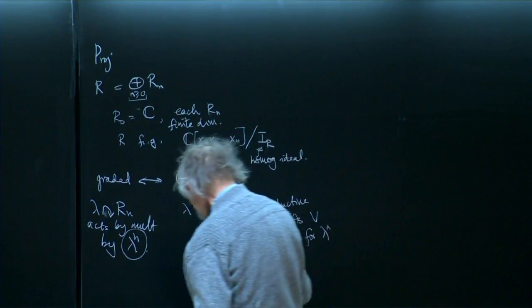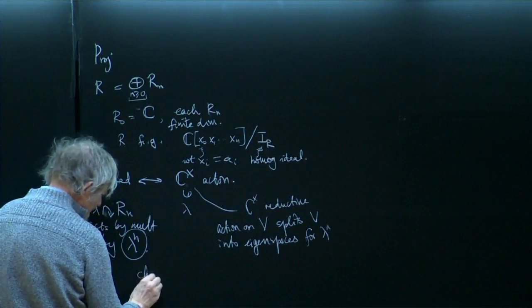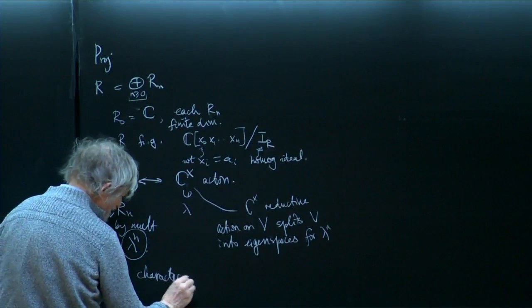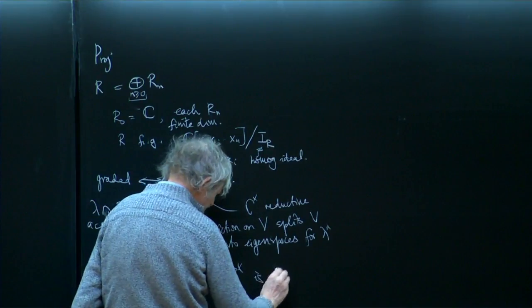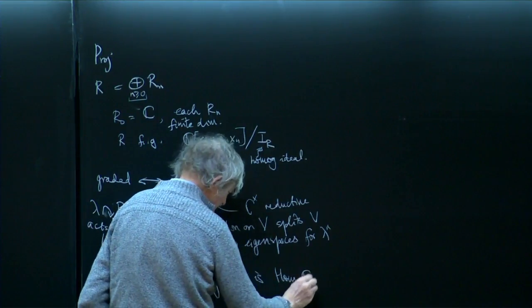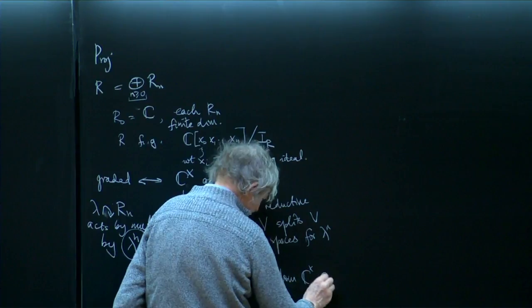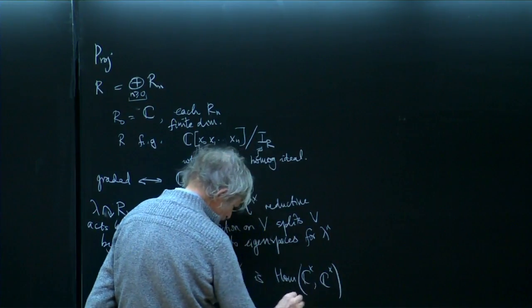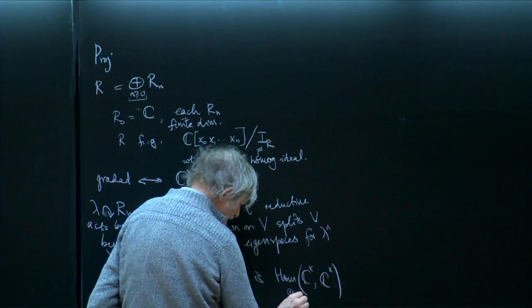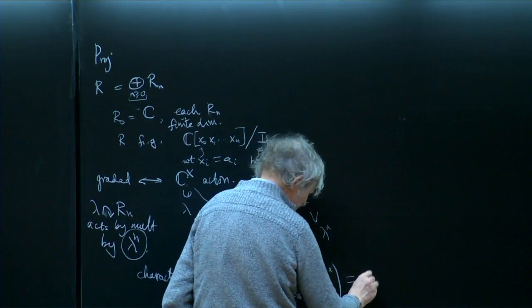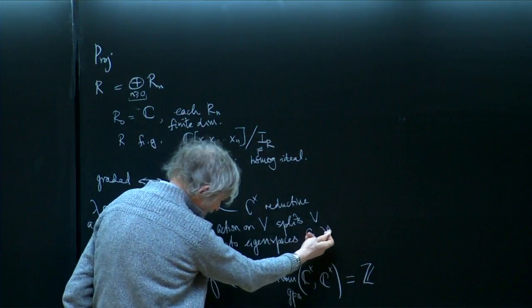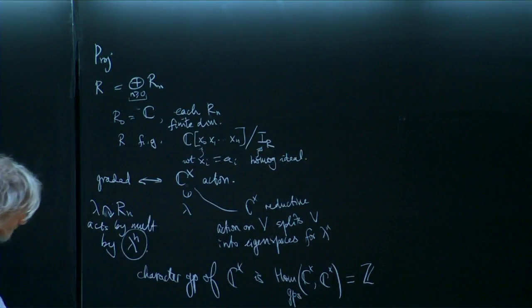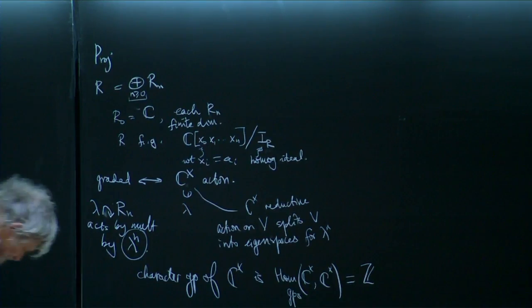The character group of C star, Hom of C star to C star, is just homomorphisms of groups, and that's equal to Z. So the n there is the character of the group, or maybe I mean Lie groups or topological groups or something.